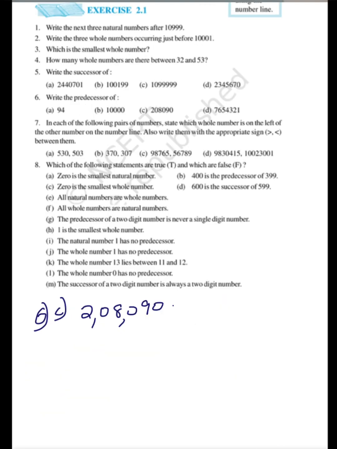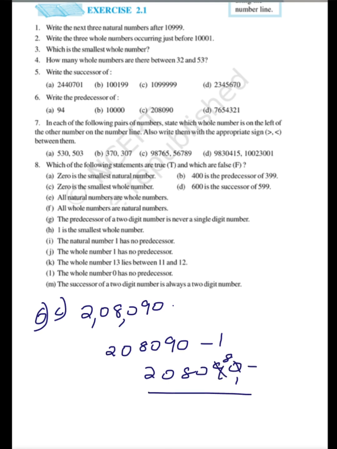2,08,090. This is the question. So in order to find the predecessor, you need to just subtract 1. If you subtract 1, what will you get? This will become 8. This will become 10, 9, 8, 0, 8, 0, 2.